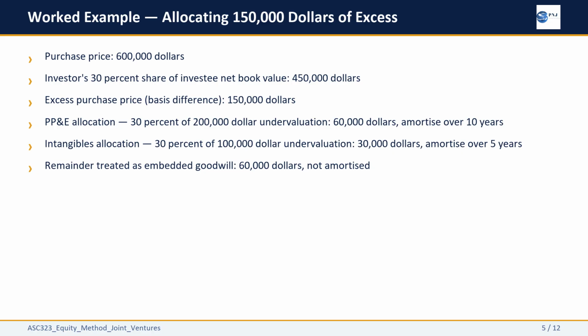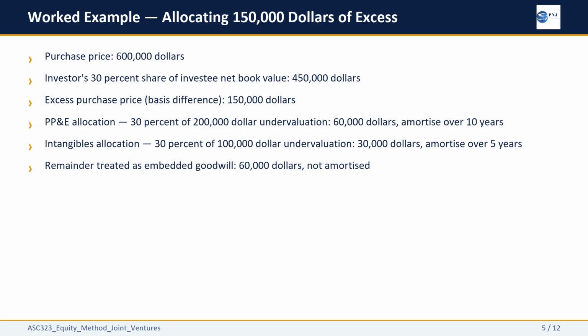Your 30% share of that gap is $60,000, which you spread over the remaining 10-year useful life. The intangibles are undervalued by $100,000. Your $30,000 share is amortized over 5 years. That accounts for $90,000 of the $150,000 excess, leaving $60,000 as embedded goodwill.